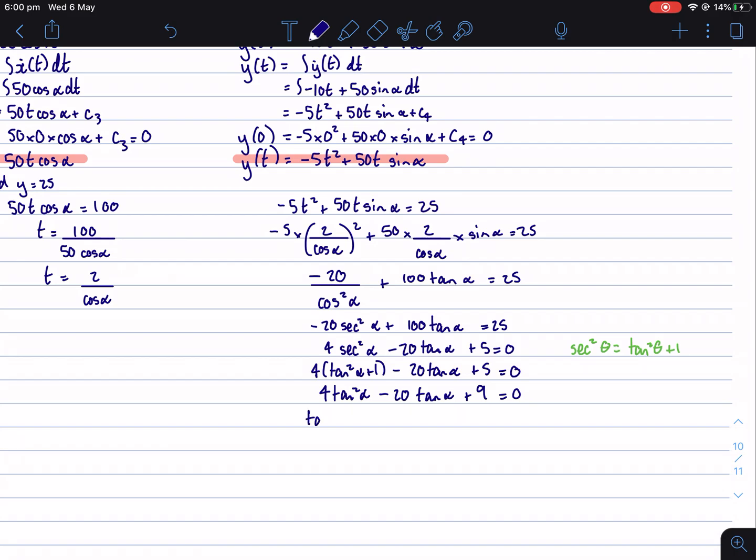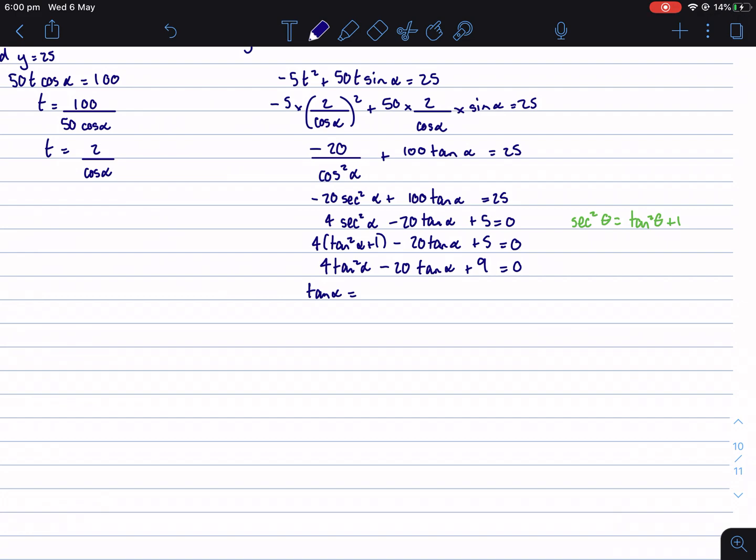So tan alpha equals, by the quadratic formula, 20 plus or minus the square root of 20 squared, take 4 times 4 times 9, all over 2 times 4.